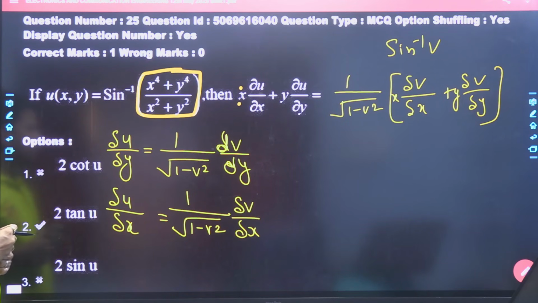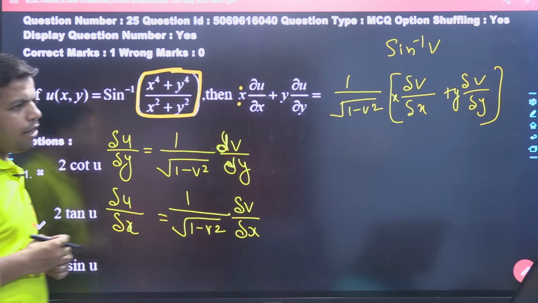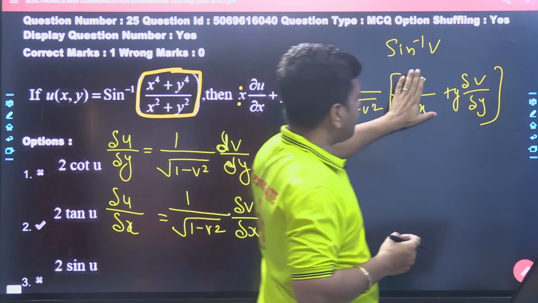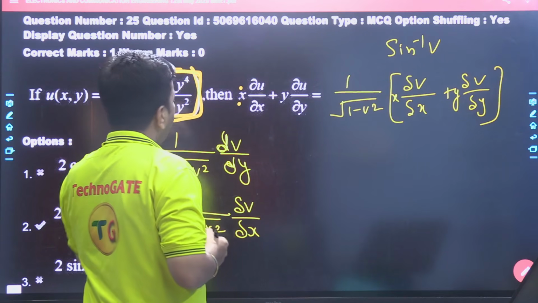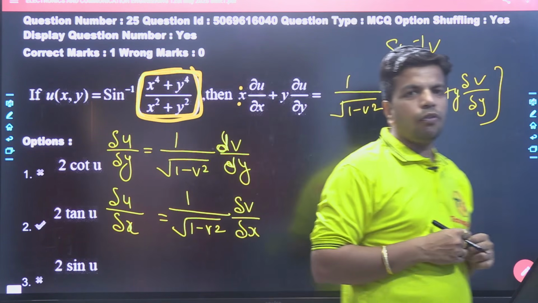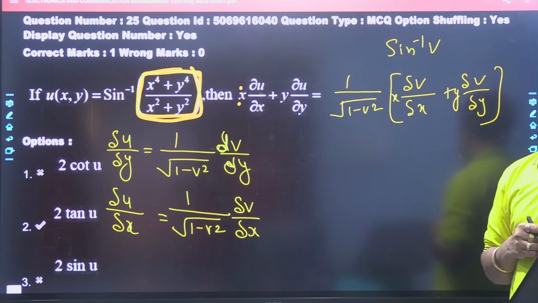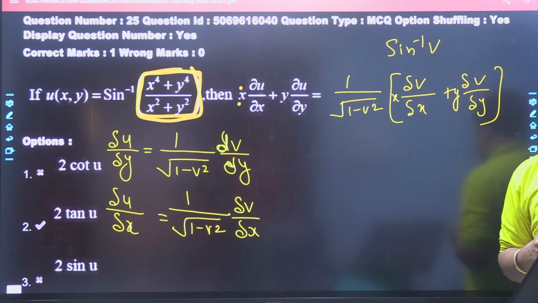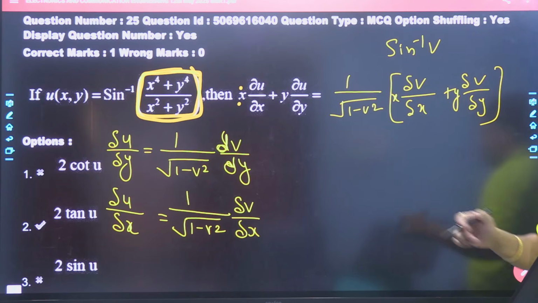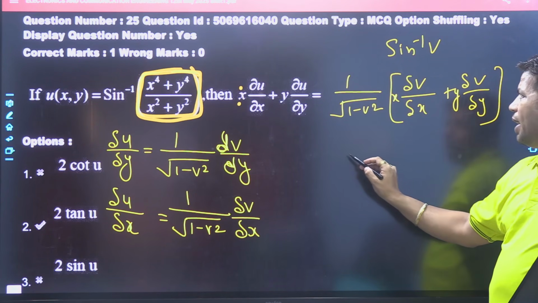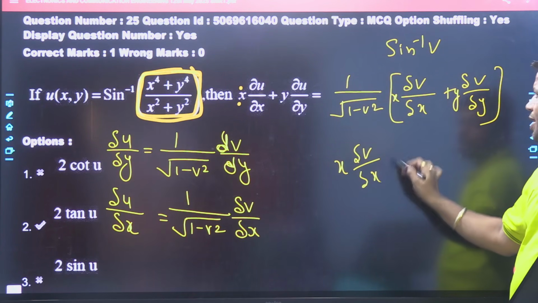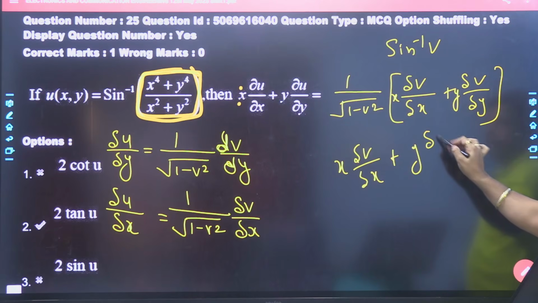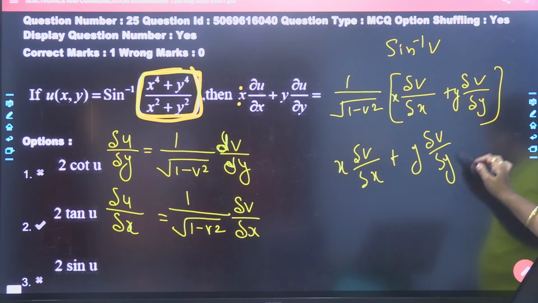Okay. Now in the next step we need to compute this particular. We need to take the differentiation of this equation, x to the power 4 plus y to the power 4 divided by x square plus y square. Here we can apply Euler's theorem for the homogeneous equation. Just compare that with the homogeneous equation.